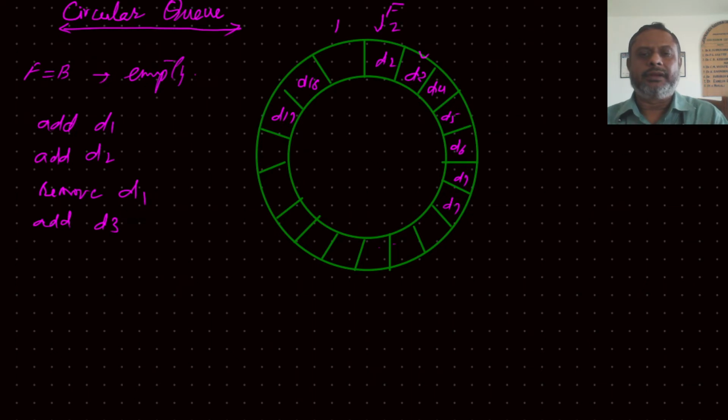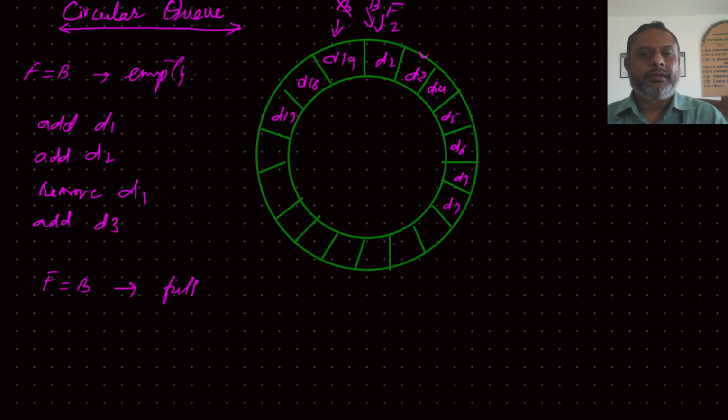So after data 18 is added, this one is the back, and if the 19th data comes in, then data 19 comes here, and then B is shifted here. So when B is shifted here, it means again F is equal to B. Now the situation is that the queue is full.